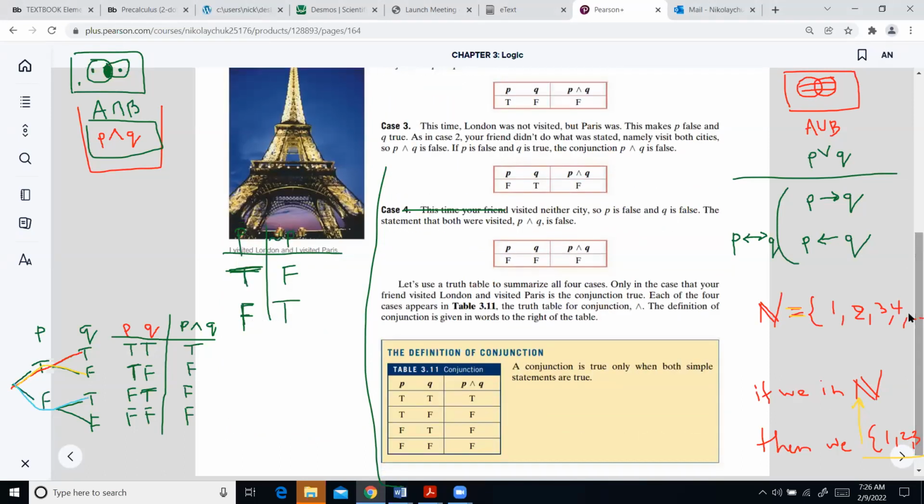And it's right here on table 311 on the bottom. All one needs to realize is that it gives the result true only in one case, when both of them are true. I think it takes a little time to get used to these tables.